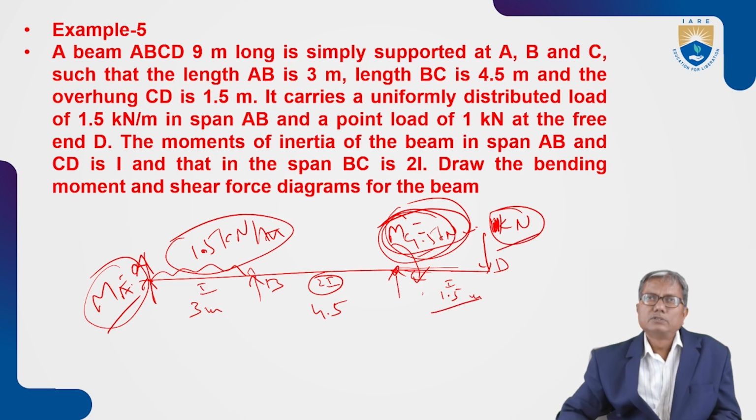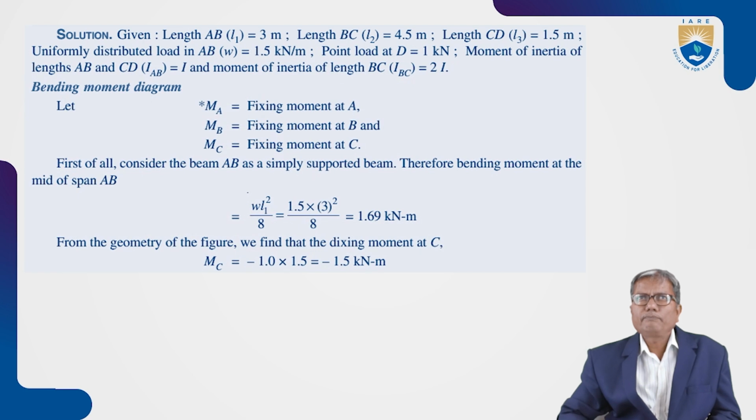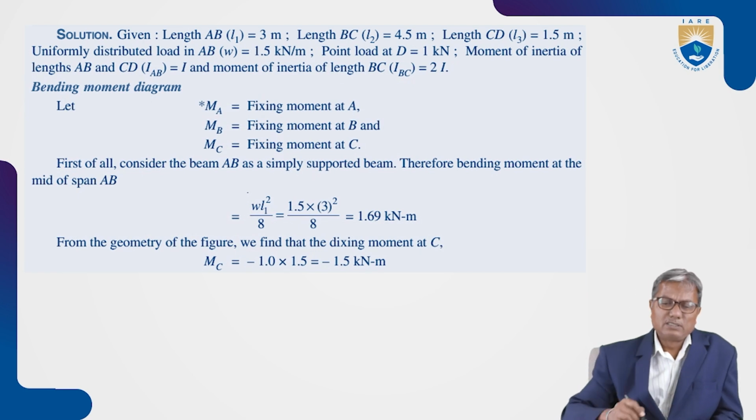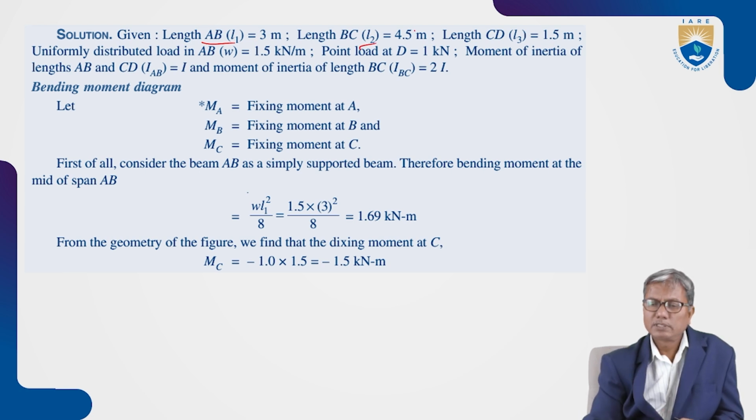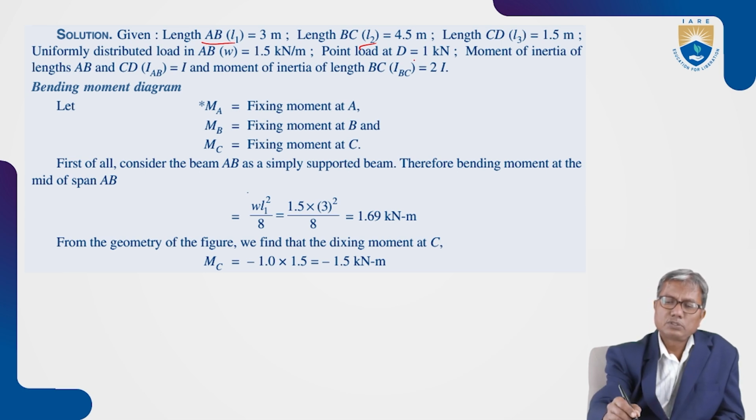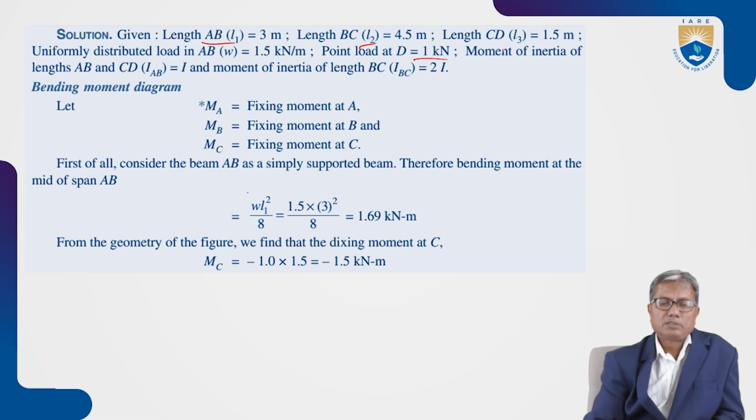So first the length of AB we are representing as L1 and length of BC as L2. And that of CD is L3. UDL W is 1.5 kilonewton per meter. Point load is 1 kilonewton. And moments of inertia of AB and CD are I and that of BC is 2I. That is all the data that is given.